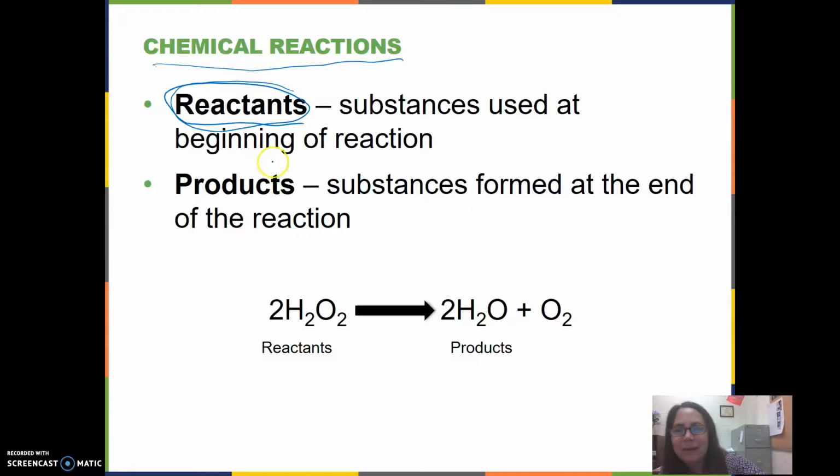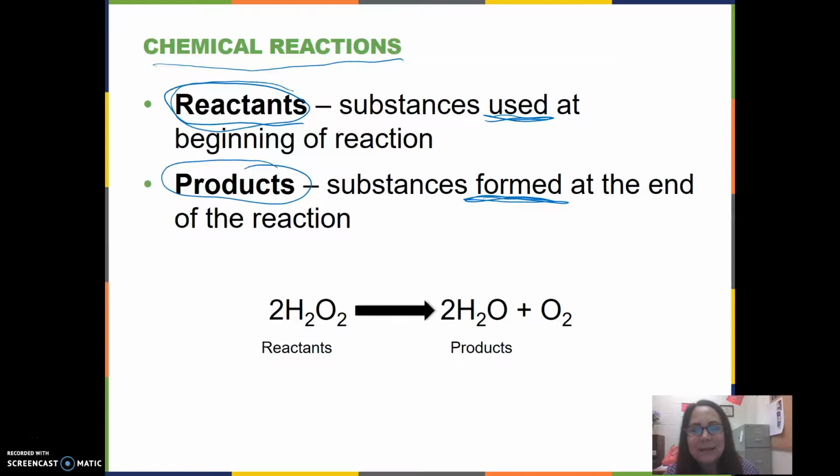And then the products would be the substances that are present when the reaction is over. So these are the substances that are formed. Reactants are the substances that are used, like ingredients, and products are substances that are formed, like the cake or the cookie or whatever it is that your recipe is causing you to create.